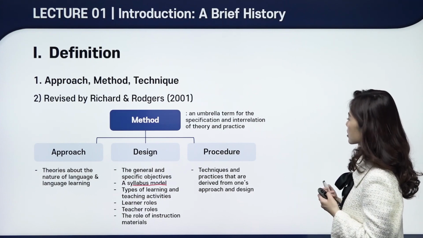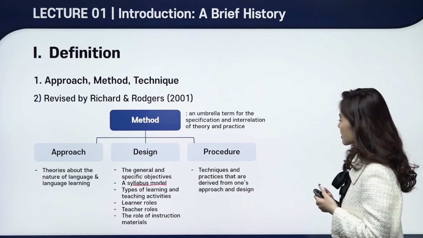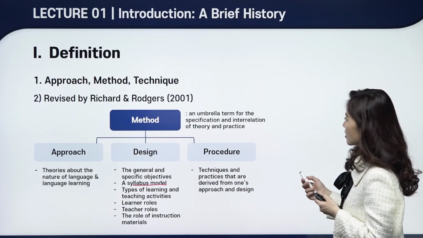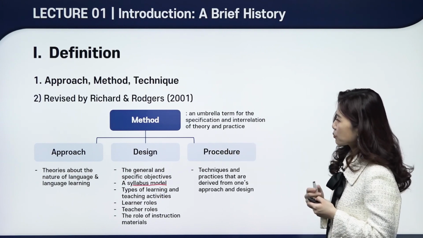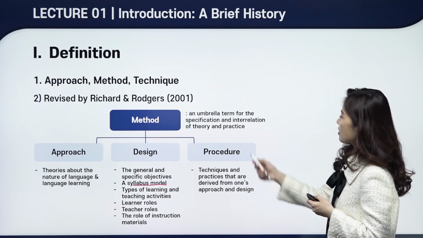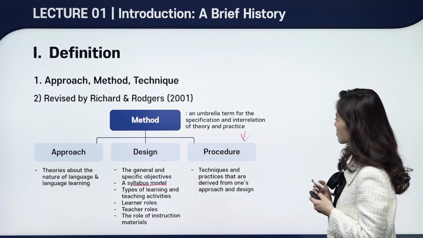And then we have procedure. It includes techniques and practices that are derived from one's approach and design. So after you have selected your approach and you have designed your curriculum, then comes procedure, or the techniques that you use.